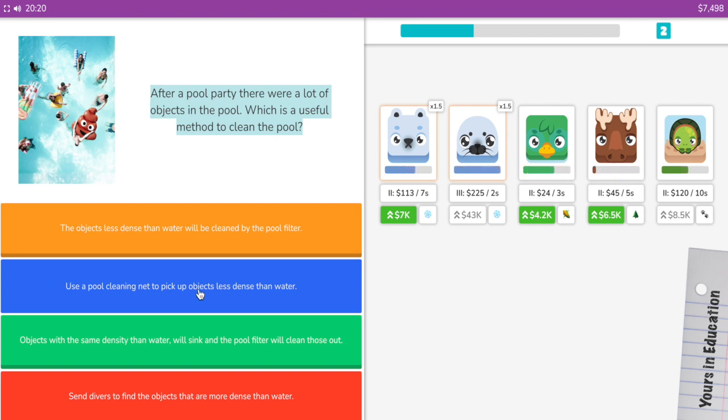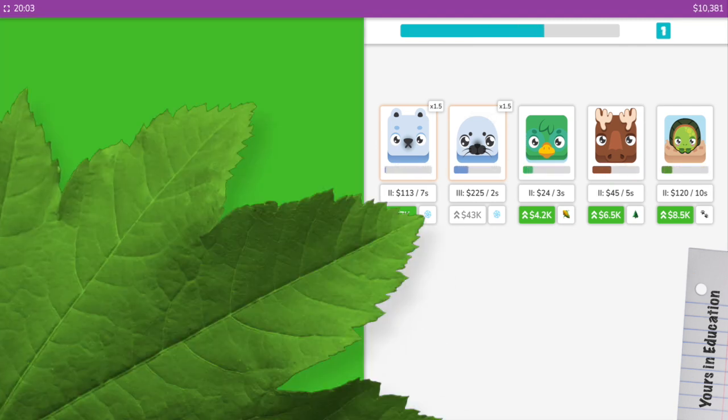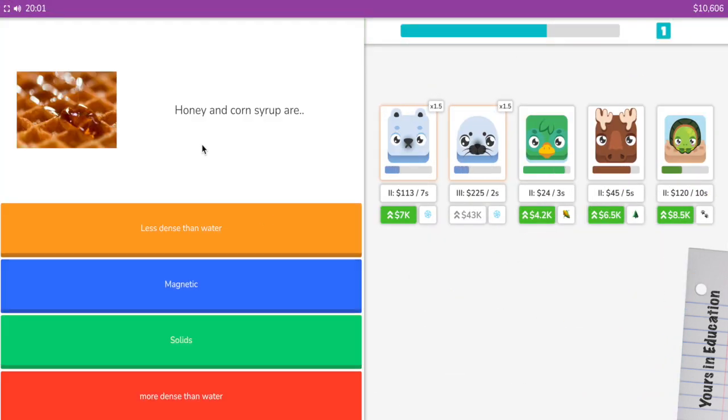So I'm thinking it's the blue one. Objects with the same density as water will sink. No, only those with more density. No. Send divers to find the objects that are more dense than water. That will be very difficult and expensive. So use a pool cleaning net.